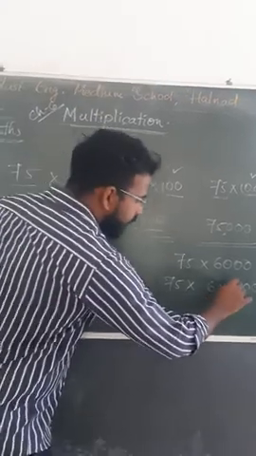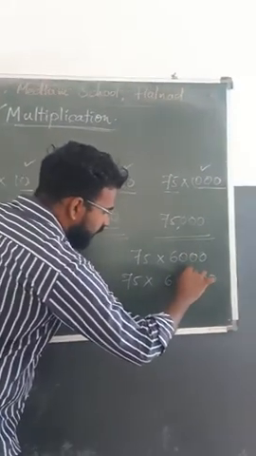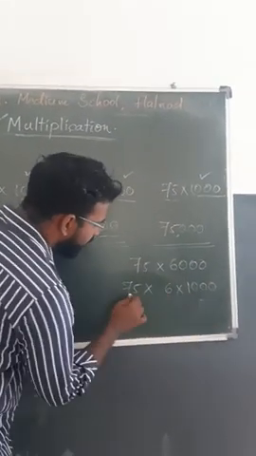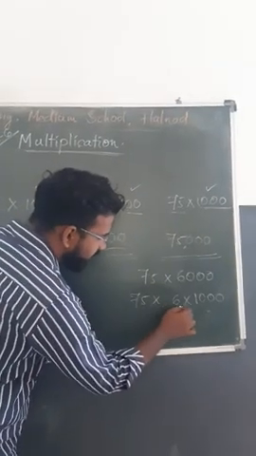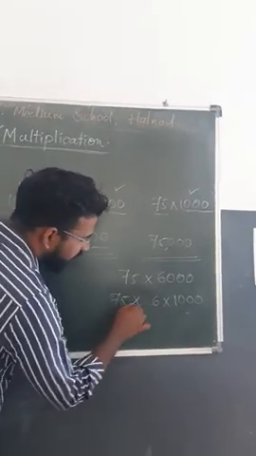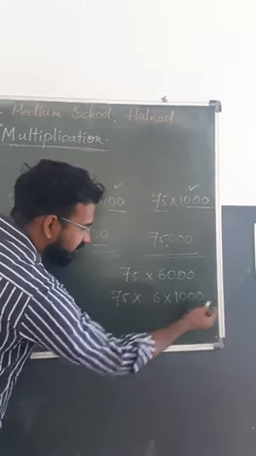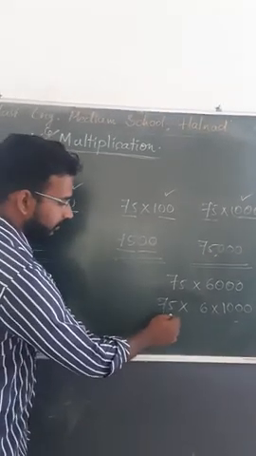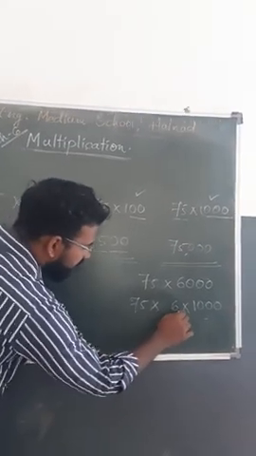I am writing this way because 75 into 6 into 1000 is the same.